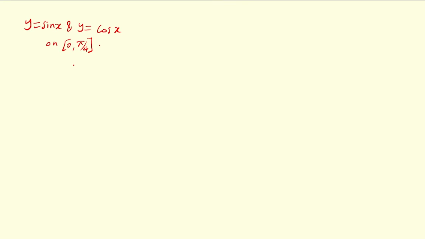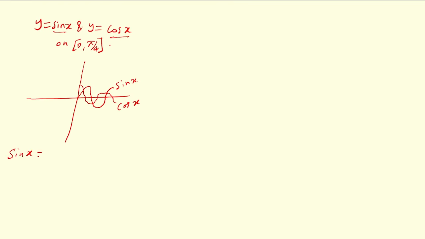First we need to sketch, a rough sketch, the graph of the sine function. This is sine. And the graph of the cosine function, cos x. To get the intersection point, sine x is equal to cos x.